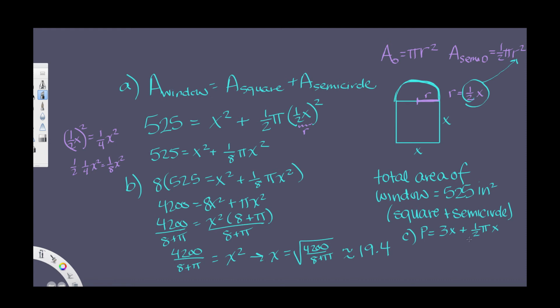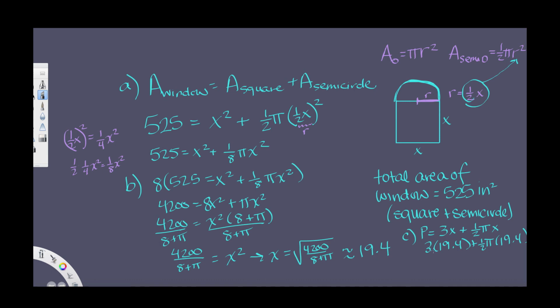So we've got 3 times 19.4 plus half times pi times 19.4. I just did the quick calculation on my calculator, and it looks like it's about 88.7 inches.